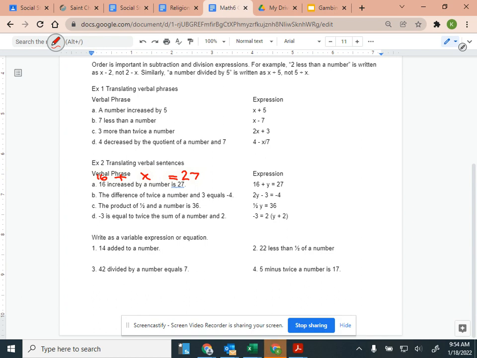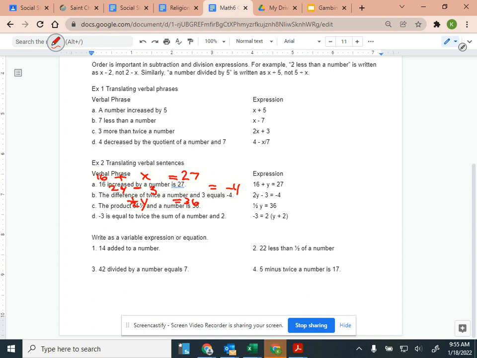The difference of twice a number and 3 equals -4. Well, they have that word equals. We know that's where we put our equal sign. So the difference means subtracting twice a number. So that's twice the number, subtracting 3, is going to equal -4. The product means we're multiplying 1/2 and a number, and is equals 36.